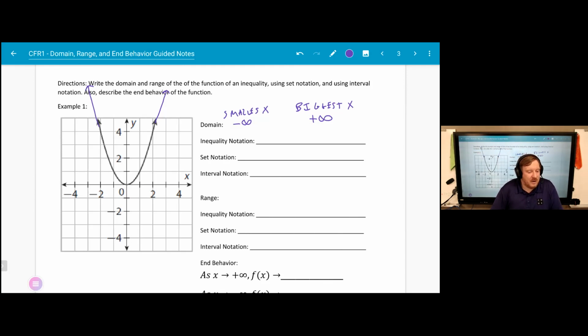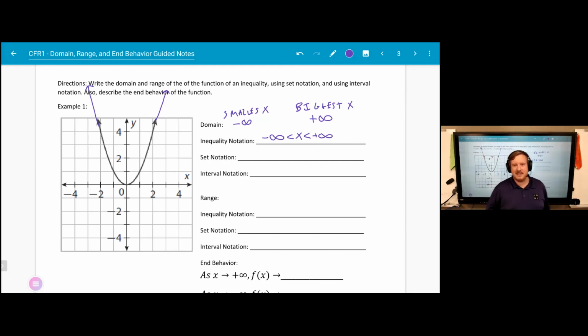In inequality notation, we haven't talked about how we can get something like this, right? So we're going to go ahead and do this right now. In inequality notation, it's kind of weird, right? It'd be like negative infinity is less than x, which is less than positive infinity, is essentially what that would look like. My smallest is negative infinity, my biggest is positive infinity.